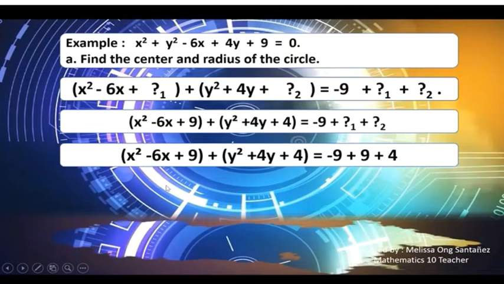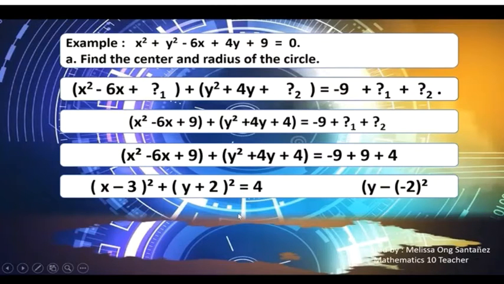So you would have x minus 3 squared. For this one, get the square root of y squared, which will give you y, the square root of positive 4 will give you 2, copy the symbol at the middle, that will be y plus 2 squared is equal to 4. So you would have this: x minus 3 squared plus y plus 2 squared is equal to 4.